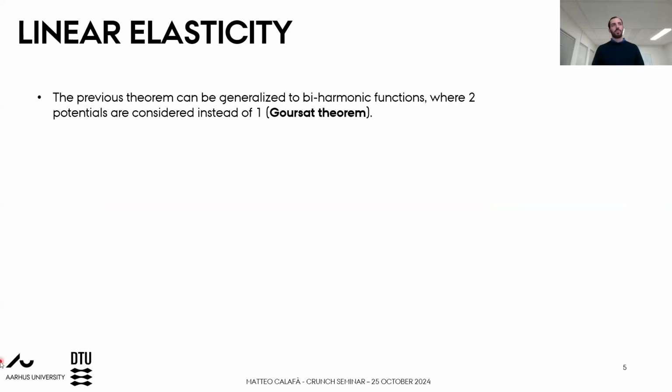Just a quick mention, the previous theorem which works for harmonic functions can be almost naturally generalized to biharmonic functions. The main difference is essentially that two potentials are involved instead of one. This is thanks to what is typically called the Goursat theorem, from the French mathematician Goursat.